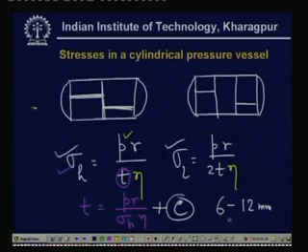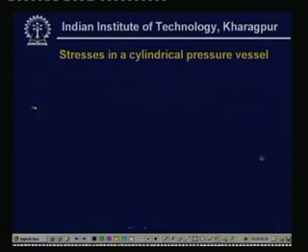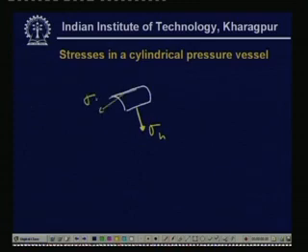Now, if you look at any element, then there are two stresses, one is sigma h and another is sigma L. Now, these are the normal stresses.